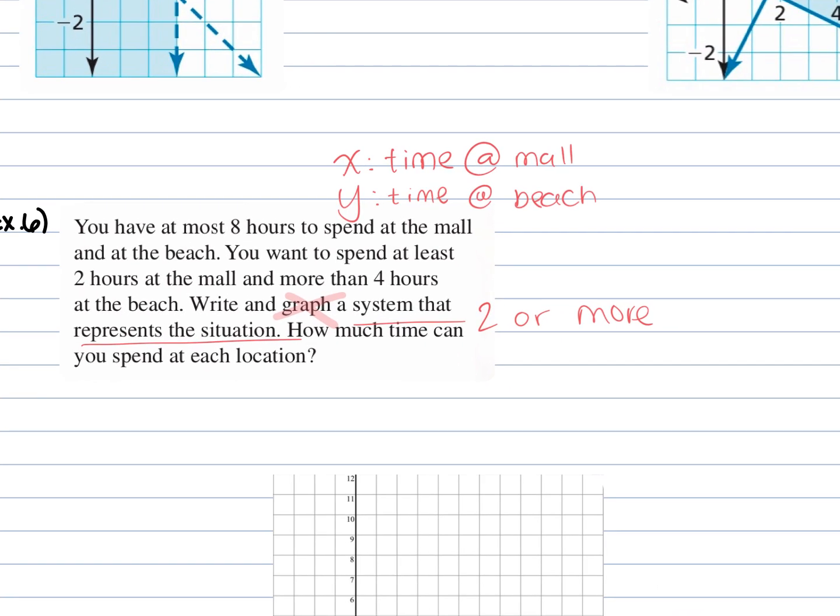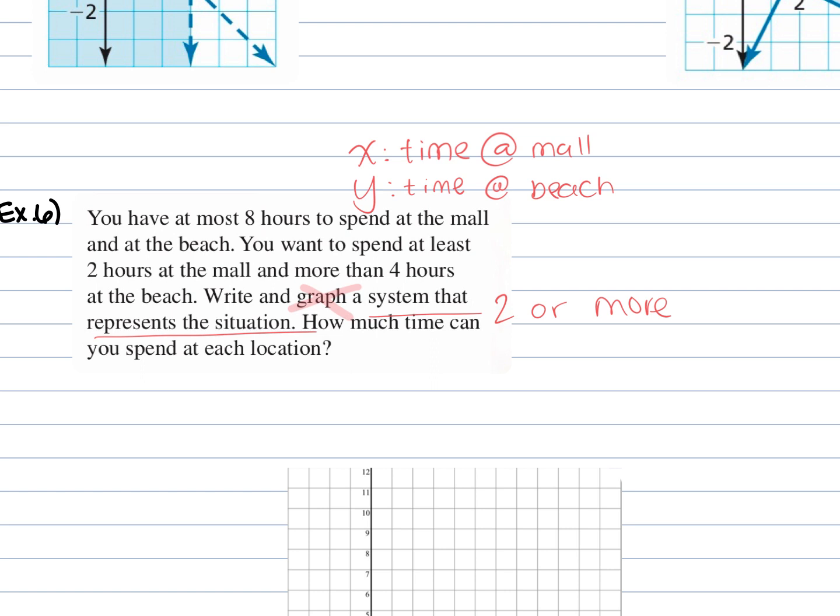Okay, let's take it sentence by sentence, guys, and let's look for keywords. You have at most 8 hours to spend at the mall and at the beach. What should I put next to at most? Natalie? A less than or equal to. Very good. A less than or equal to symbol. So something has to be less than or equal to 8 hours. And it's the time spent at the mall. What does this word and represent?